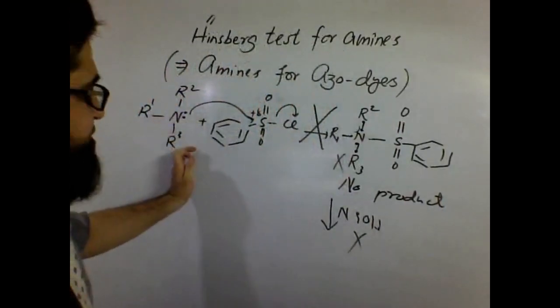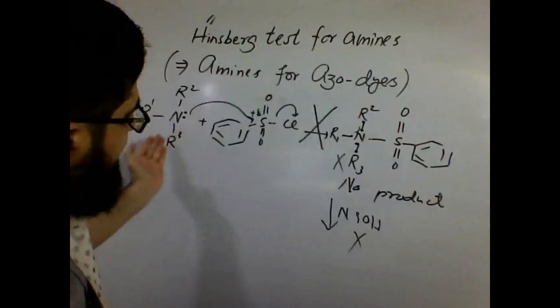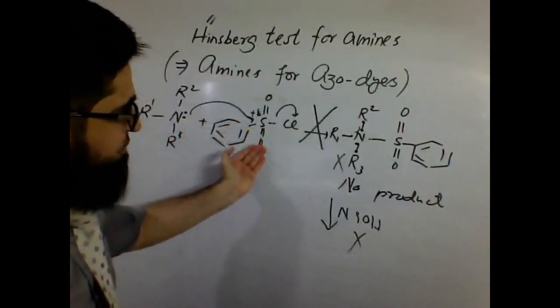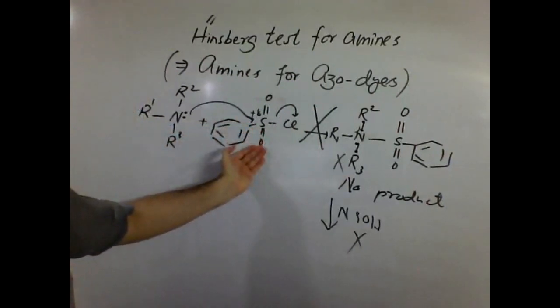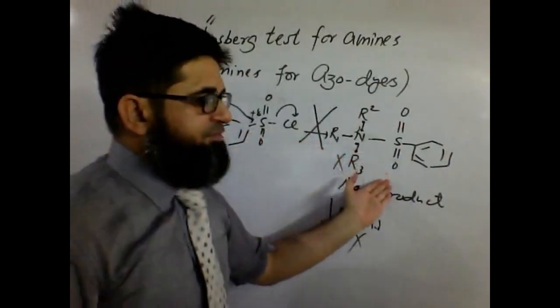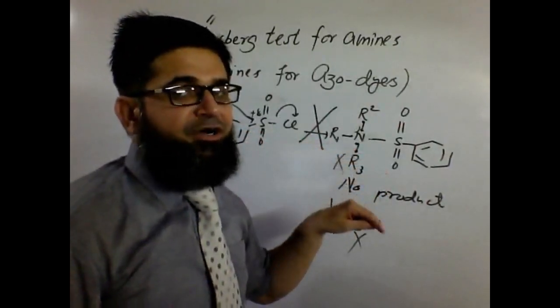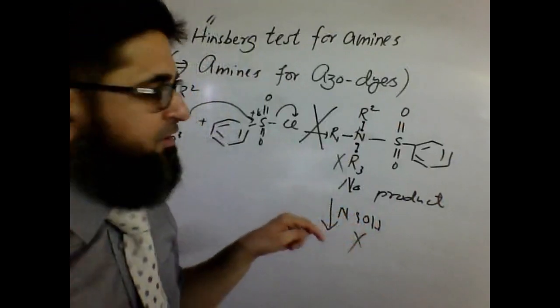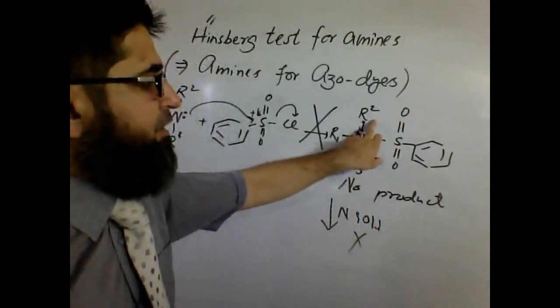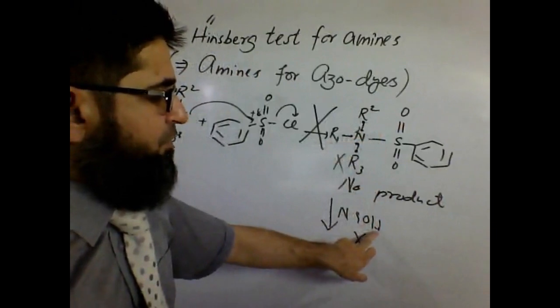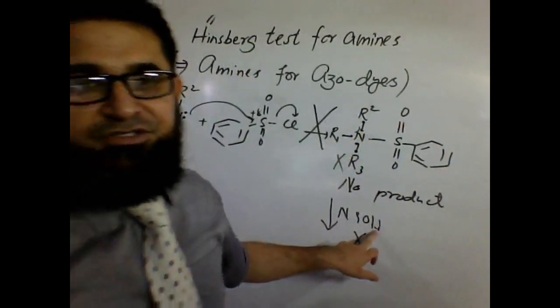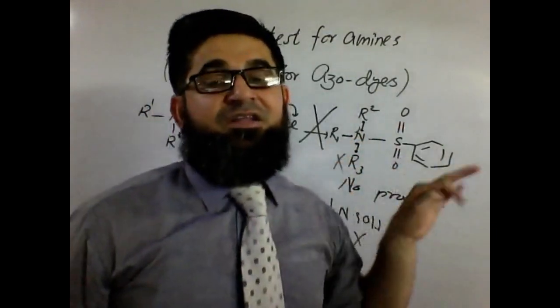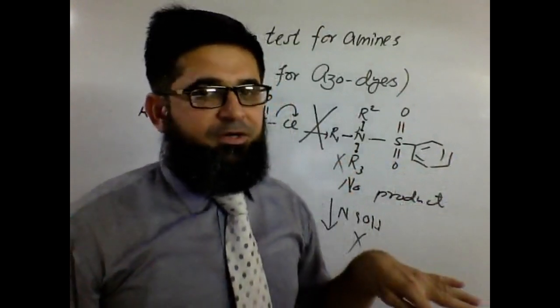If the compound reacts with Hinsberg reagent and forms a product, but that product does not undergo solubilization and turns out to be a precipitate, then it means it does not carry any protons, so it hasn't undergone solubilization, meaning that was a secondary amine.